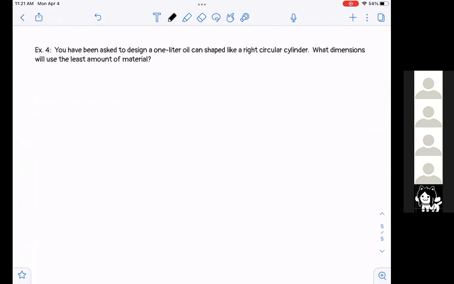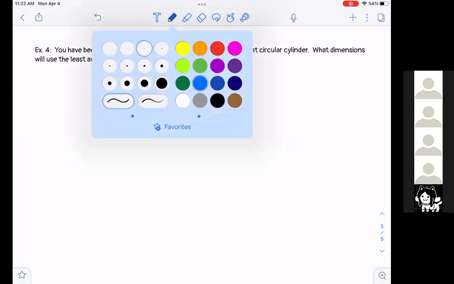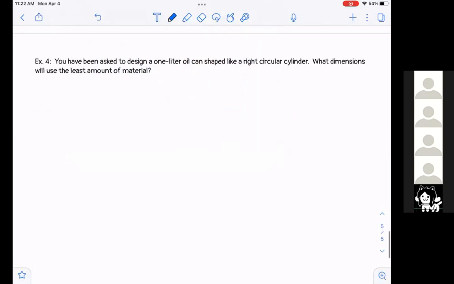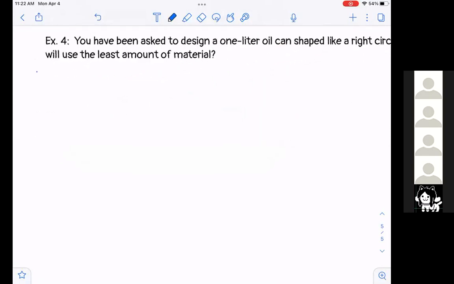Scroll down to example 4. You have been asked to design a 1 liter oil can shaped like a right circular cylinder. What dimensions will use the least amount of area? Okay. So leave space for a diagram.